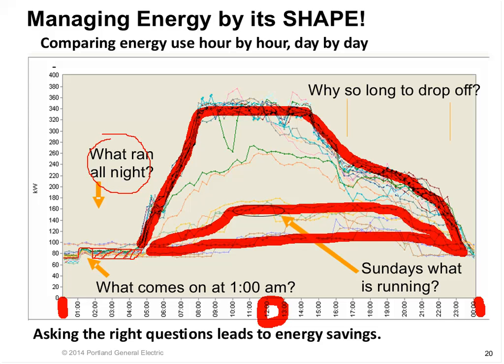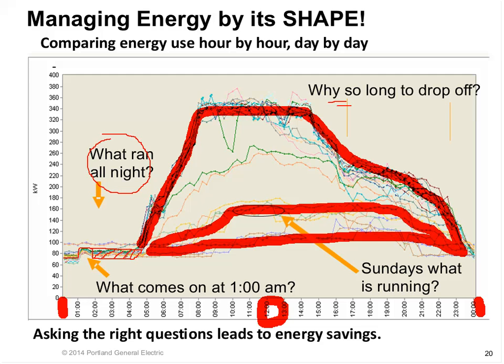The next one they asked was, why does it take so long for the load to drop off? If this is a school, it's empty fairly quickly. And they couldn't figure it out, and they finally found that the janitorial service was turning the lights on in all the rooms, and then as they cleaned a room, they would turn the lights off. That way they knew what rooms they had cleaned and what rooms they hadn't.